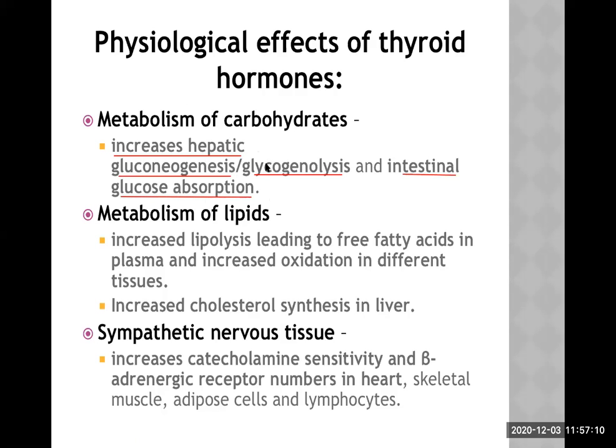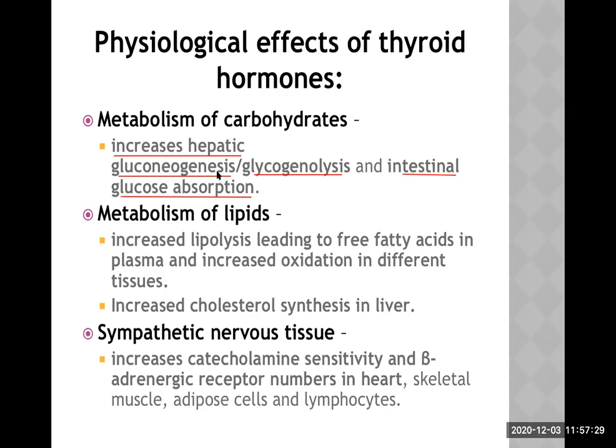So all these mechanisms will cause what regarding the glucose level? So what happens to the blood sugar level? Yes, hyperglycemia. Increase, exactly. All of these will lead to increased blood sugar level. There's no doubt about it.